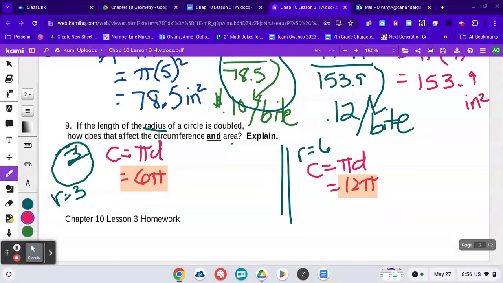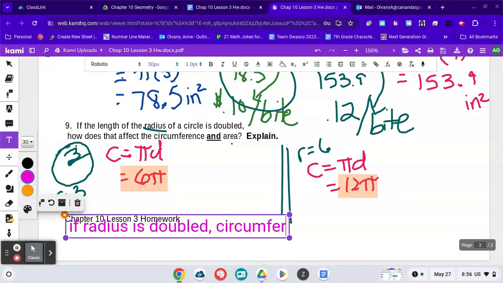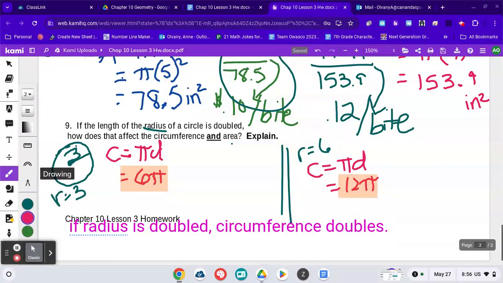So what I'm going to type down here is if radius is doubled, circumference doubles. So if I'm making something and I double how big it is, like the circumference of his hat, then my distance around the bigger hat is going to be doubled as well.